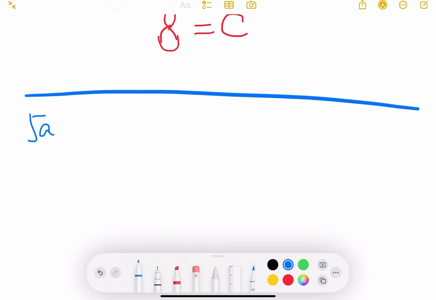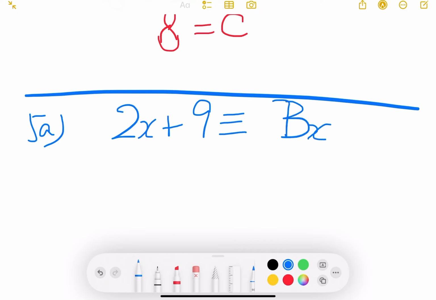5a. You had 2x plus 9 identical to bx plus 9. Because we know it's an identity, left hand side equals right hand side.